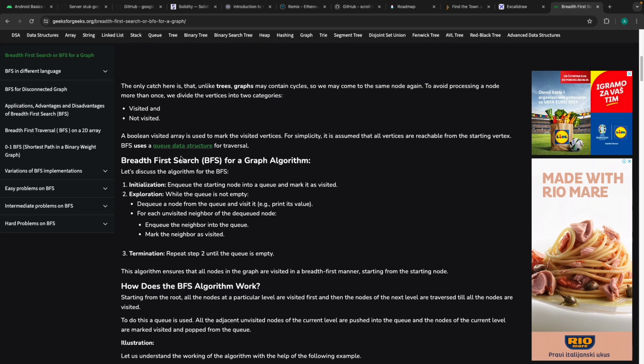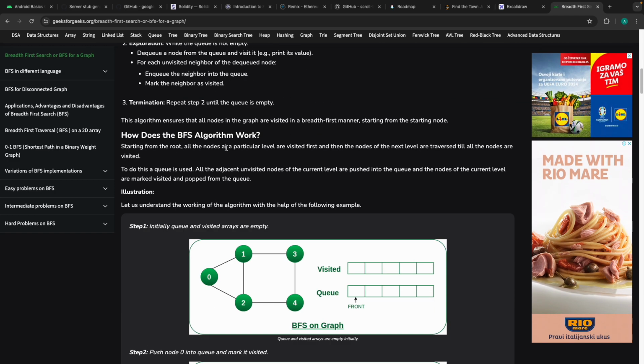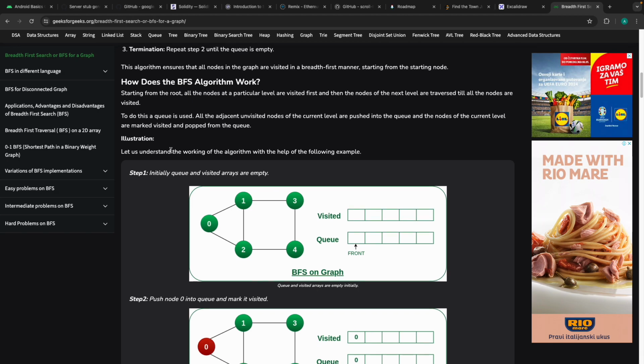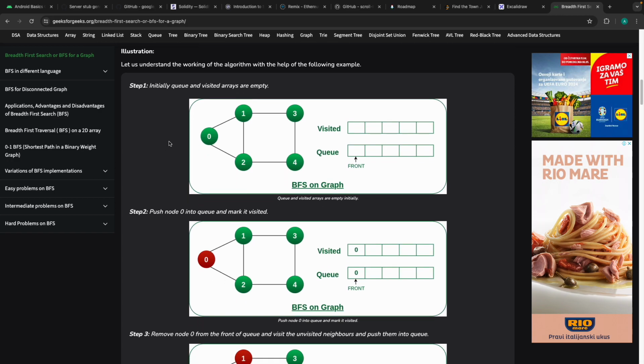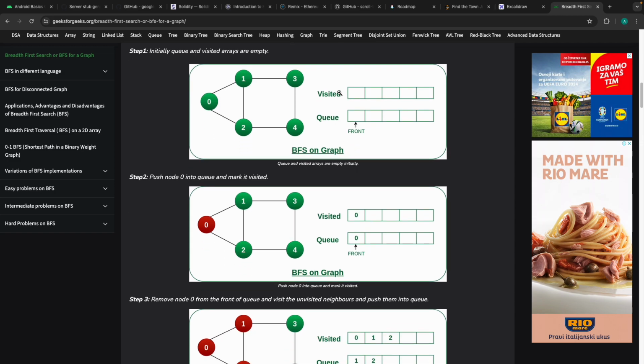Exploration. Visited and queue. Let's visit the 0.